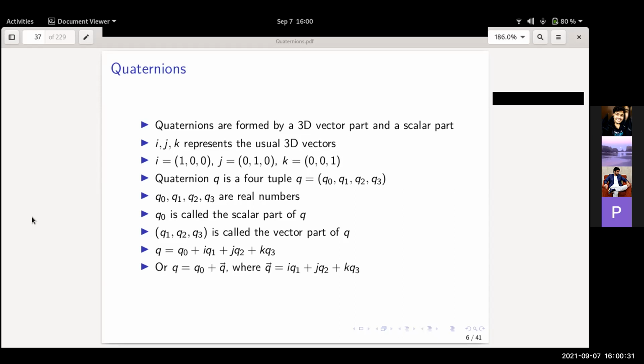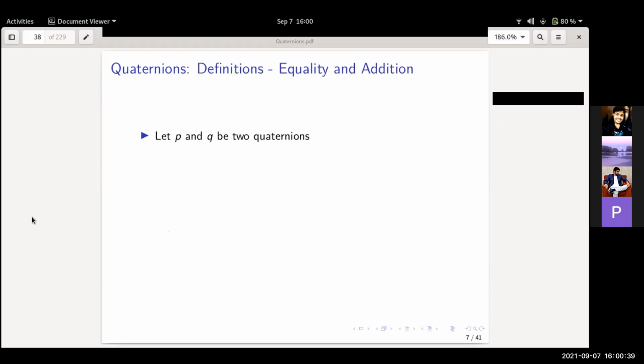Many times we write it like this, Q0 plus the vector part of Q, where the vector part of Q is iQ1 plus jQ2 plus kQ3. Once we have these things, let us define one or two operations before we leave for the day. So how do you add two complex numbers? How do you define equality of two complex numbers?